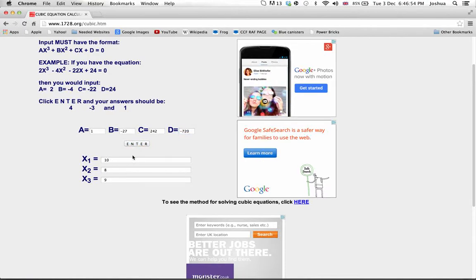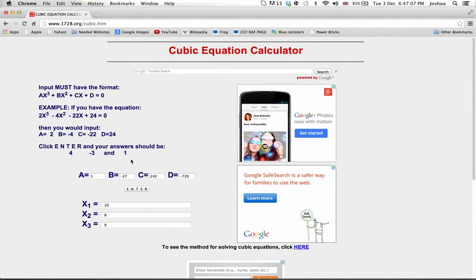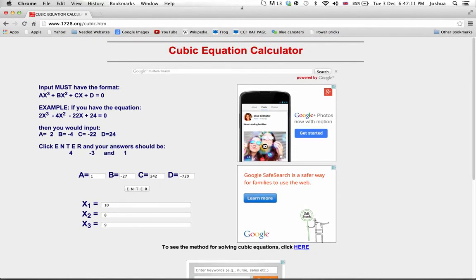Enter. There we go, our 3 answers. It doesn't switch the order, but yes, that is our result. There you go, there's your cubic equation calculator.